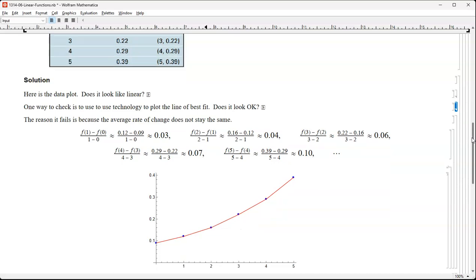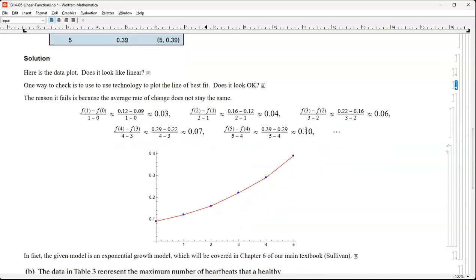But if you look at these slopes and compare, not only do they not stay about the same, they are not even wildly wrong, they are systematically wrong. So something very different is going on.